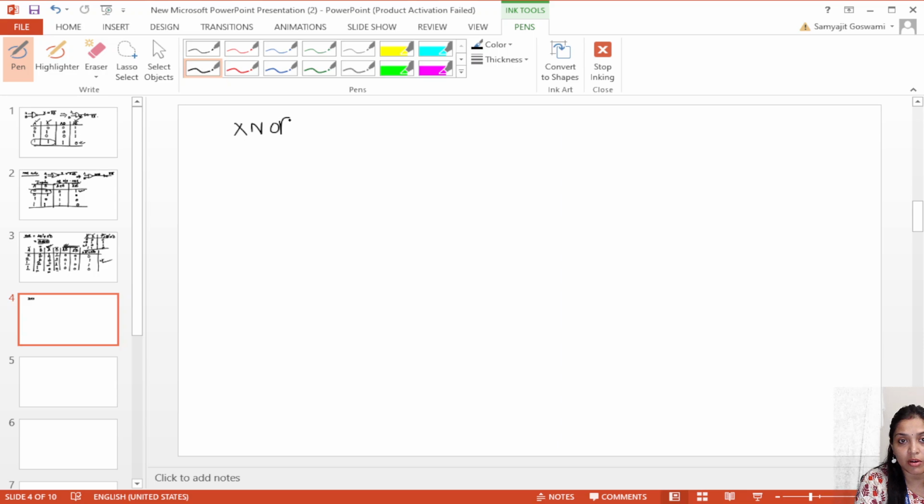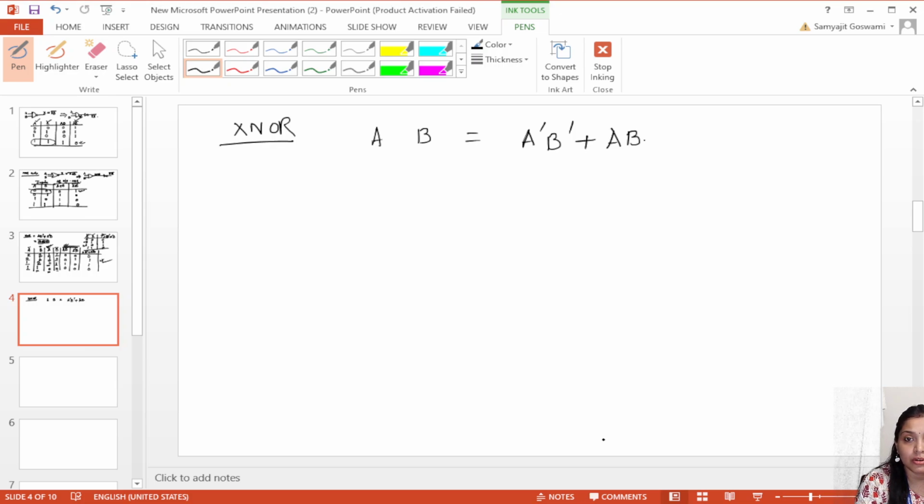If A and B are the inputs, then the output will be A bar B bar plus AB. This is the output.